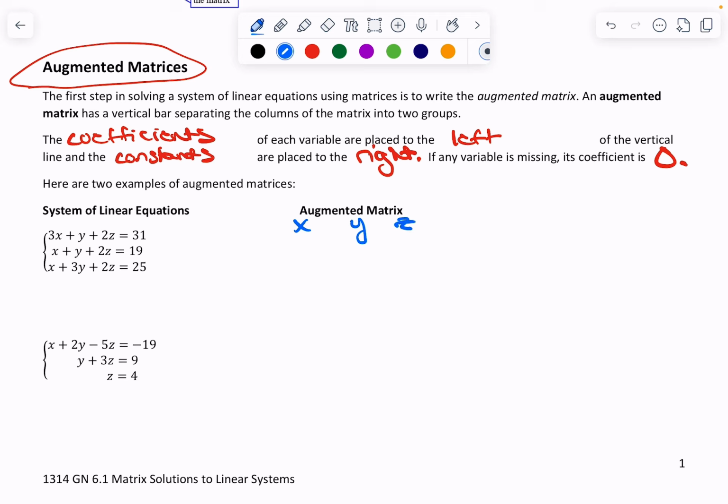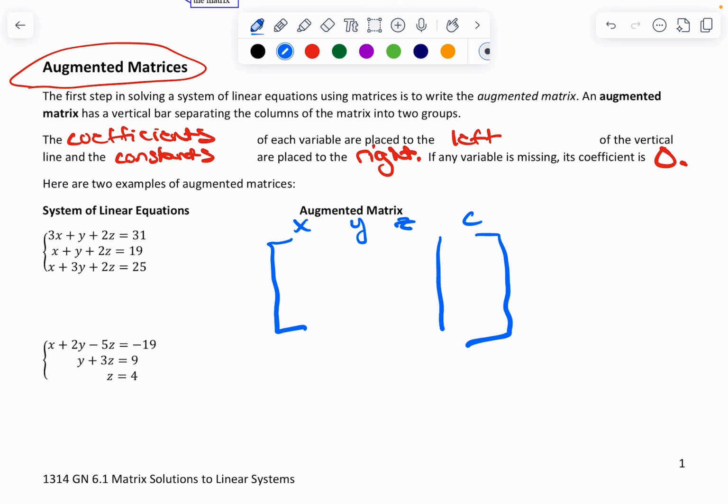Then we'll have that vertical line, and then we'll have the constants. All this is inside brackets. Actually, the x, y, z, and c are not part of the matrix. It's just showing you what we're doing.